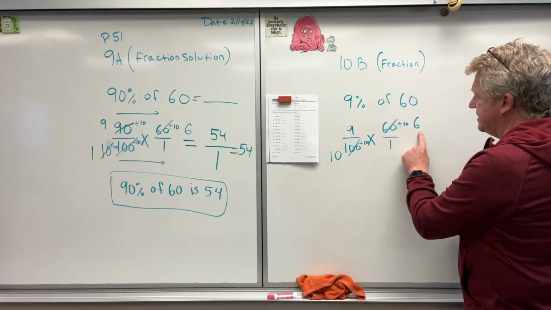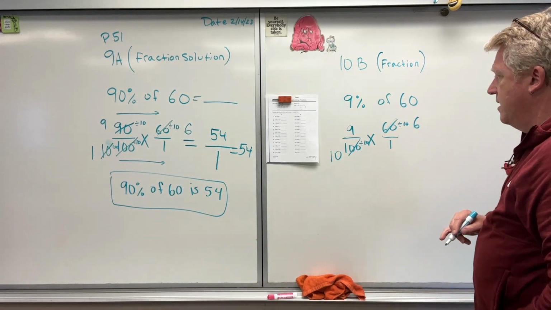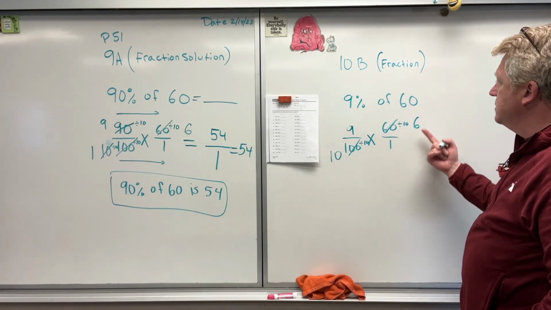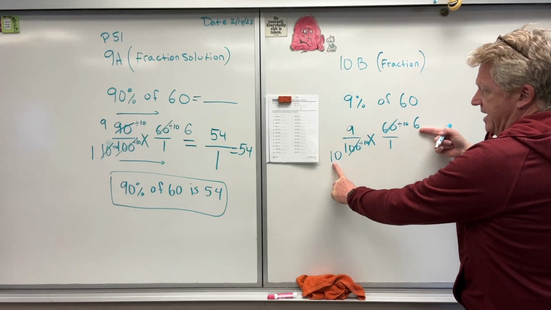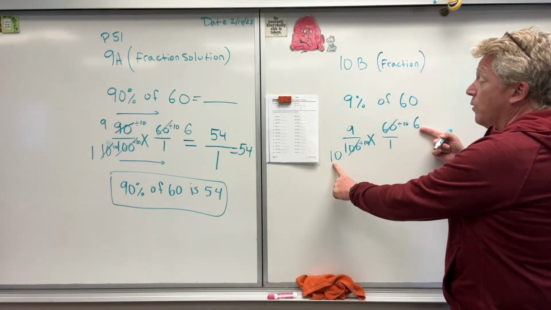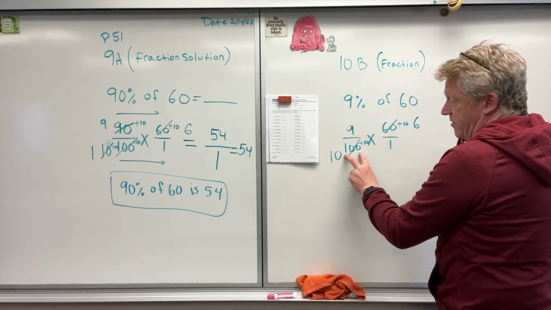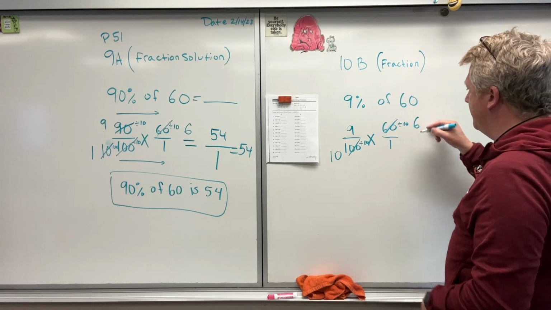So now I have a 6 and a 10. I have a 9 and a 10. All right. So I could simplify again this way. I have a 6 and a 10. 2 goes into both of those, which means originally 20 could have gone into 60 and 20 goes into 100. But I don't mind if you simplify and then realize, oops, I missed it. I can simplify one more time.